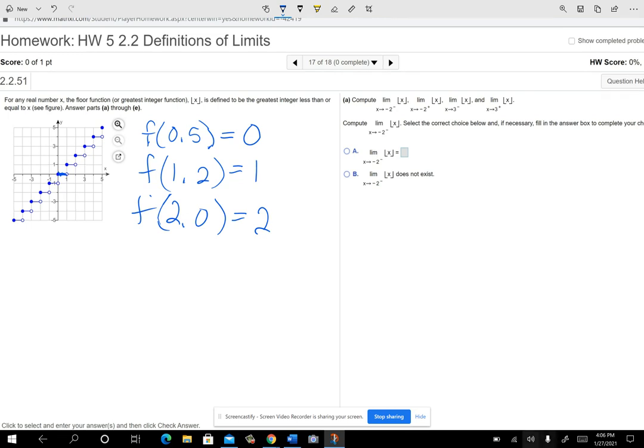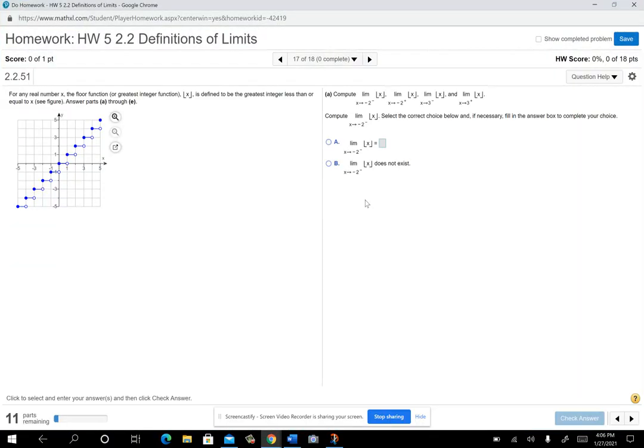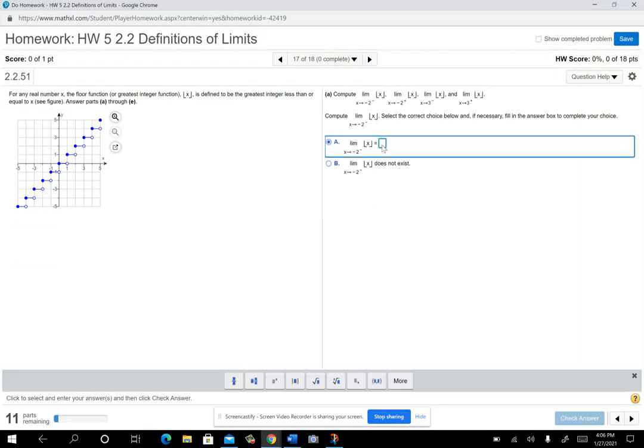Let me go back to the original problem to do several of these without the snip. I'll come back to the snip in a minute. As you're approaching -2 from the left, you can see you're down here at -3. So you would say -3.